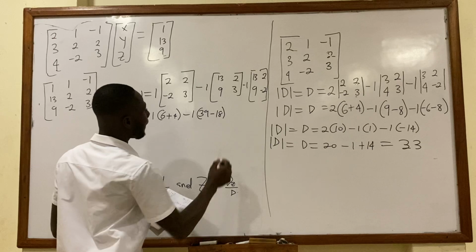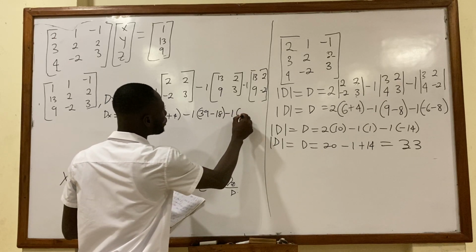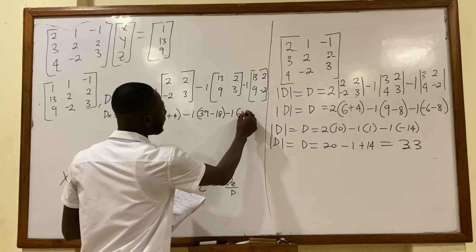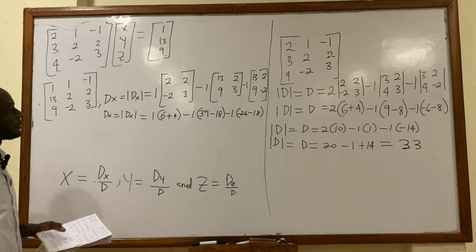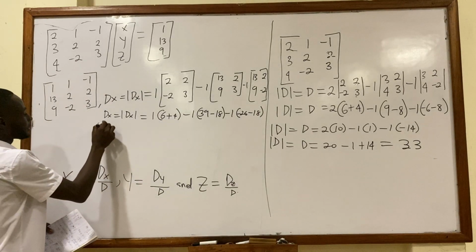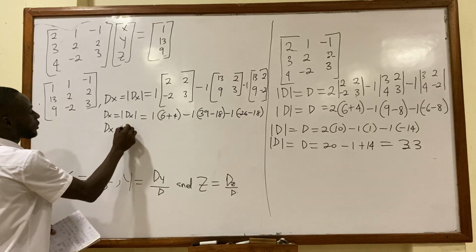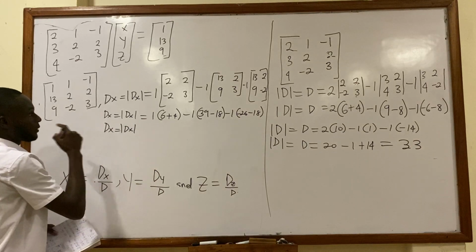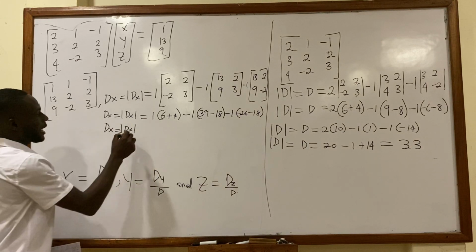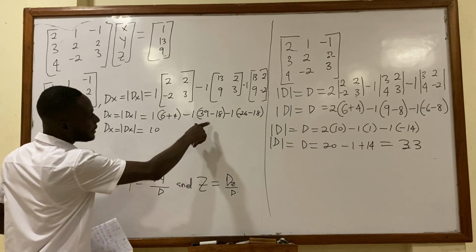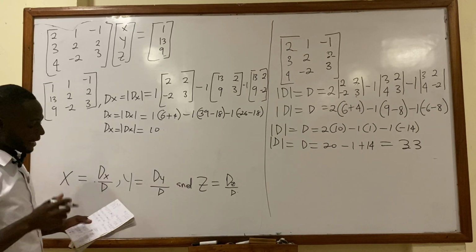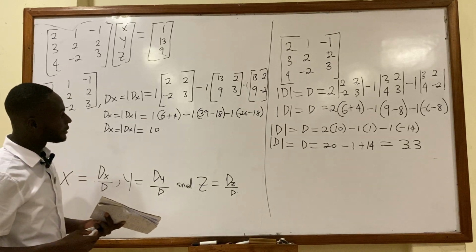Minus 1 into minus 26, minus 18. So we have the Dx, which is equal to 10 minus 1 into 39 minus 18, right?